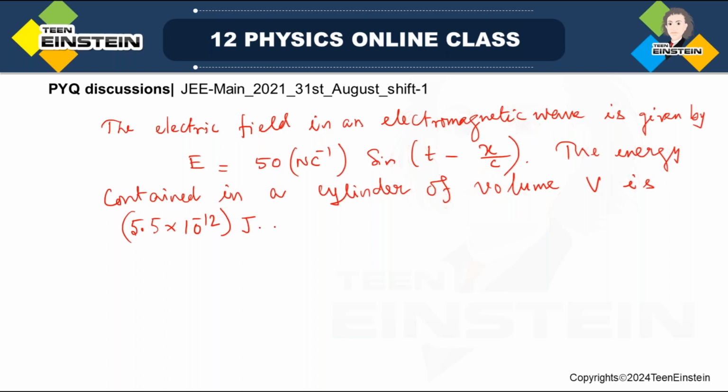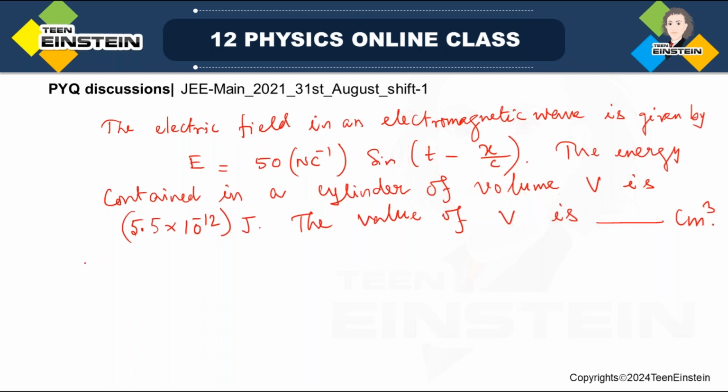The value of V is dash centimeter cube. So you have to find out what is V. The electromagnetic energy is given in a cylinder, and that cylinder has volume V.